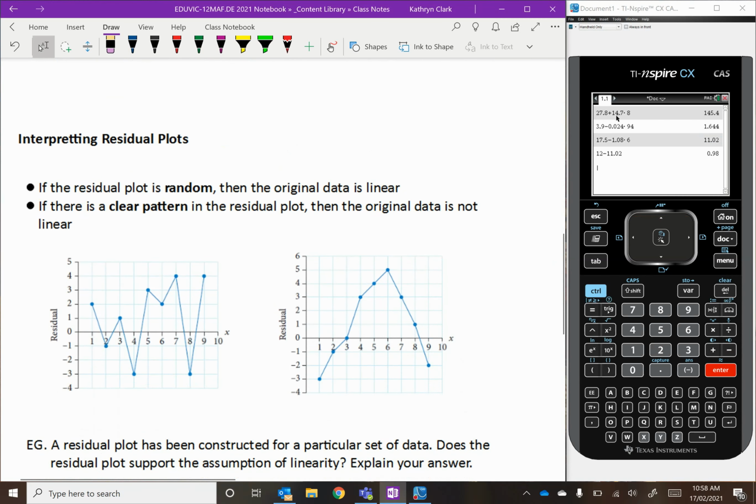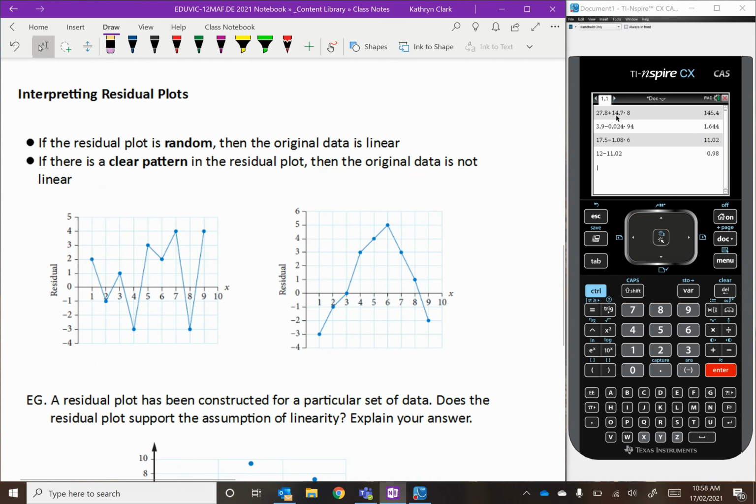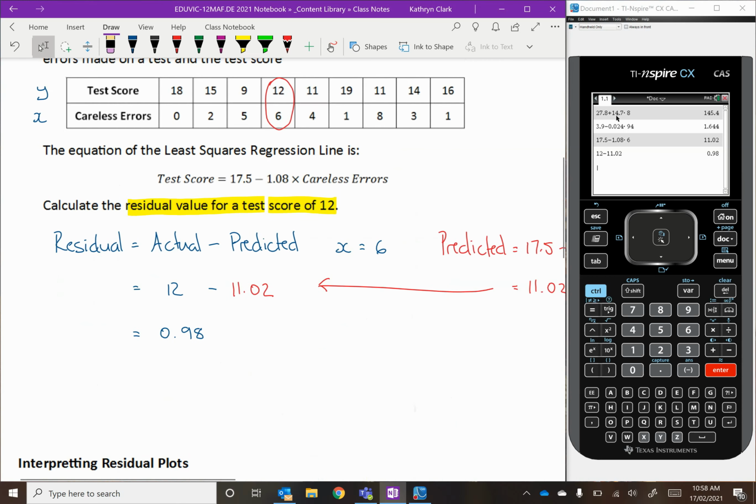But for now, let's have a look at how we now interpret residual plots. Because like I said before, our residual plot determines whether our original data is linear or non-linear. And a residual plot is formed by calculating a residual value for every single value in your table.